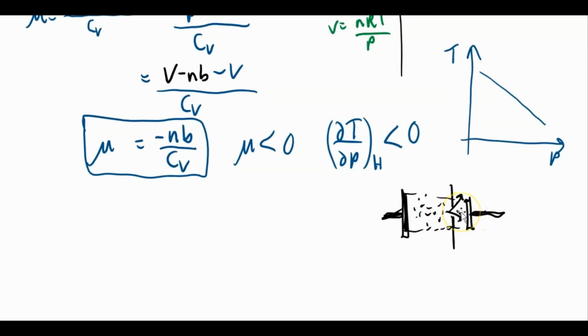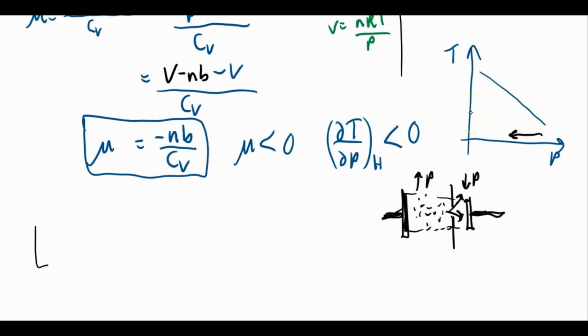So we're going from a higher pressure to a lower pressure during a Joule-Thomson expansion. Well, if the Joule-Thomson coefficient is less than 0, that means when we go from a higher pressure to a lower pressure, the temperature is increasing.